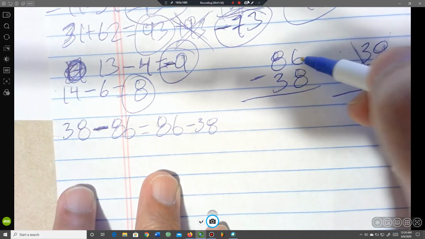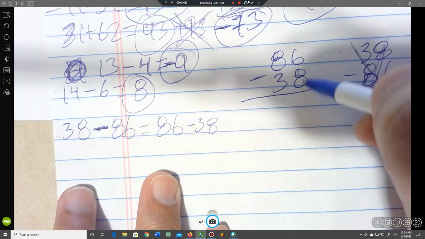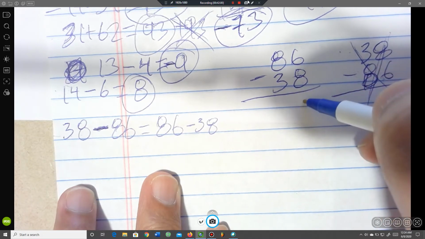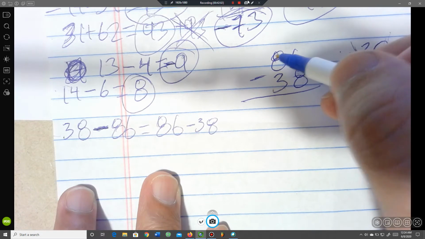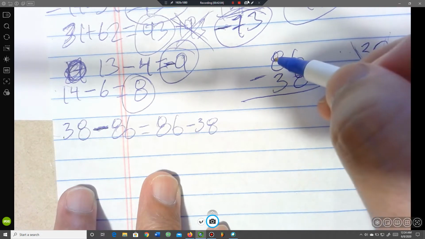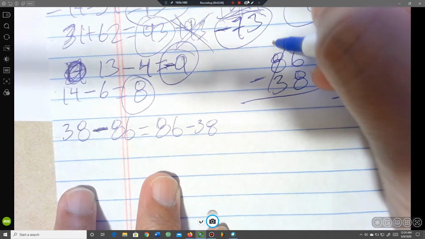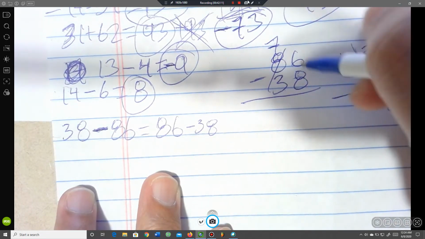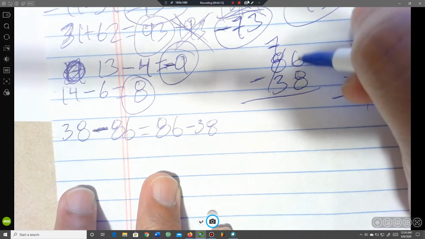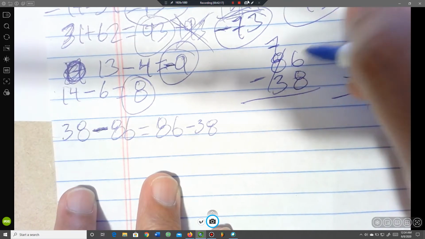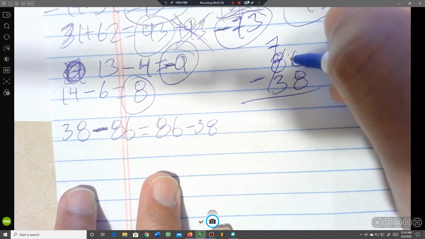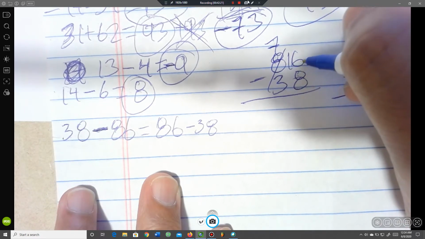Because watch, 6 minus 8. Well, you can't do this or else you're going to get negative values here. So you need to borrow from the next place, right? So this becomes 7. You borrow 1 from here, which is 10 when you move it to this place value, so that this becomes 16 instead of 6.